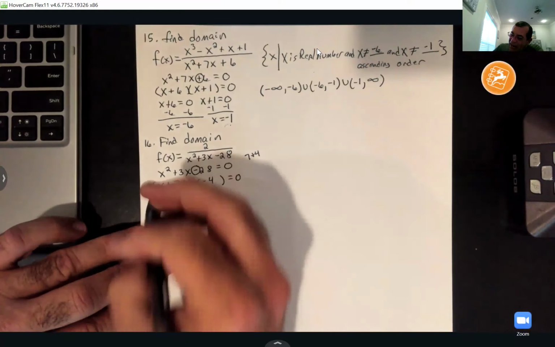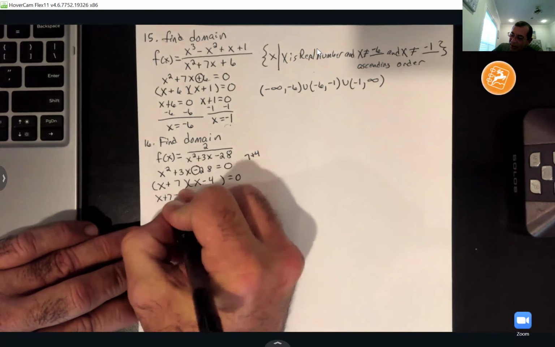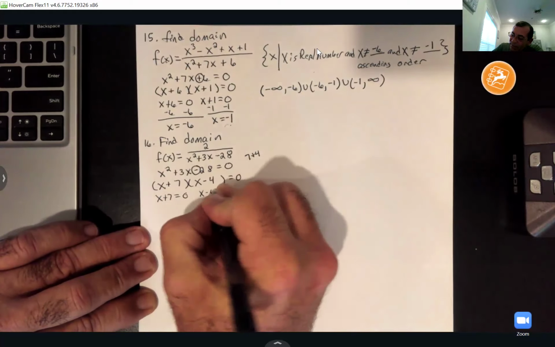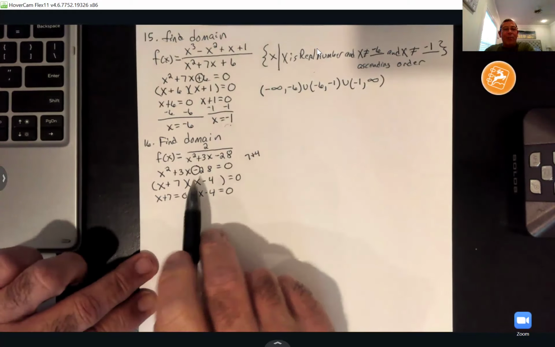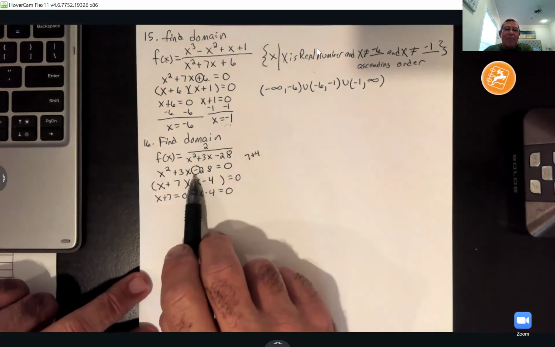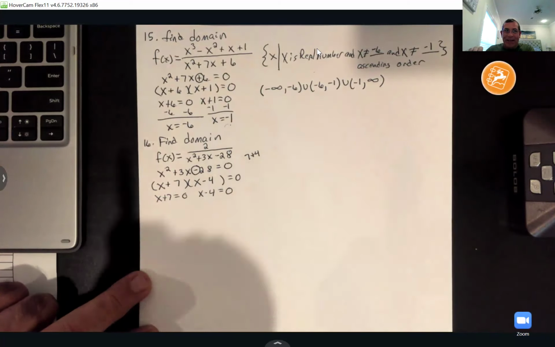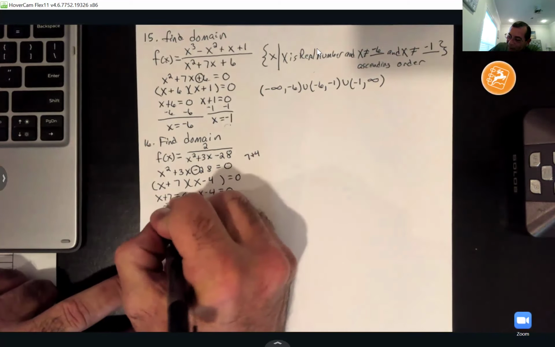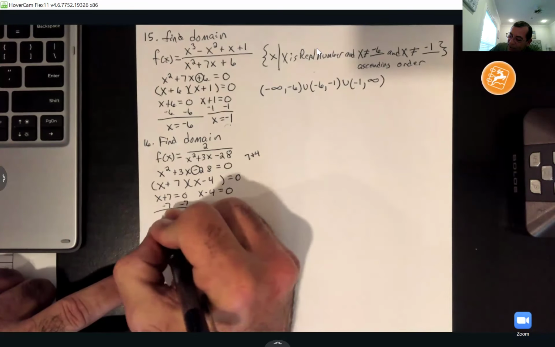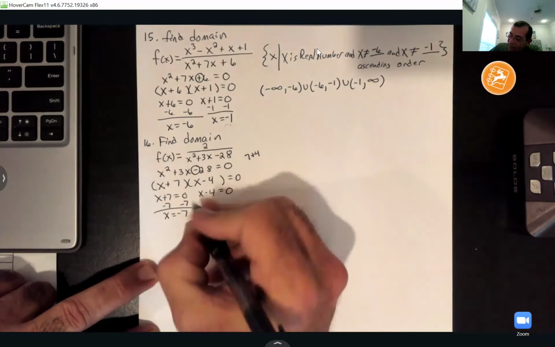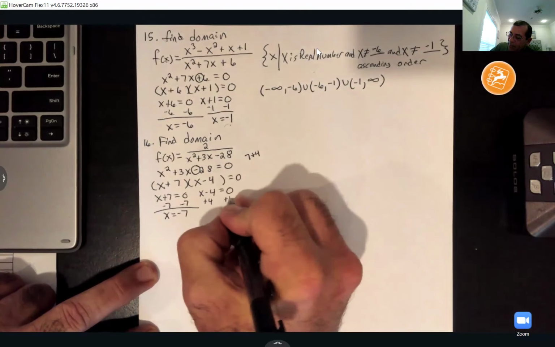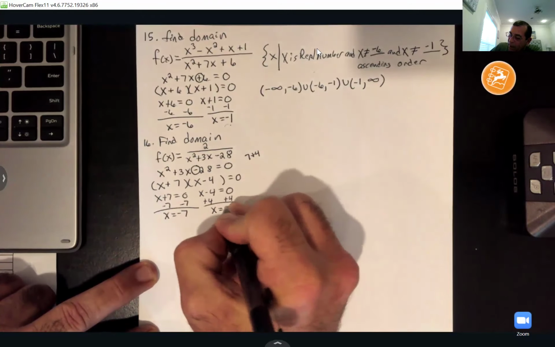All right, so we're factored. Now we're just going to set these equal to 0. So I'm hoping you are learning my tricks on factoring, because factoring's not bad if you learn those sign tricks, okay? All right, y'all, so this one's going to give me a -7, and this one will give me a +4.